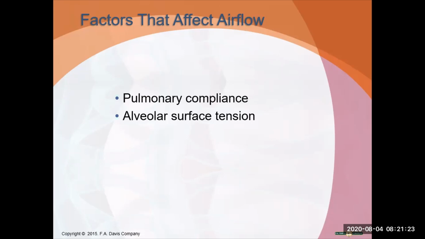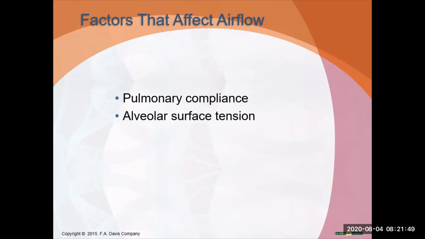Ventilation can't occur unless the lungs and thorax can stretch and, just as important, recoil. Some diseases, such as tuberculosis or black lung disease, cause scarring, which makes the lungs stiffer or less compliant. The lungs have difficulty expanding and ventilation is impaired.